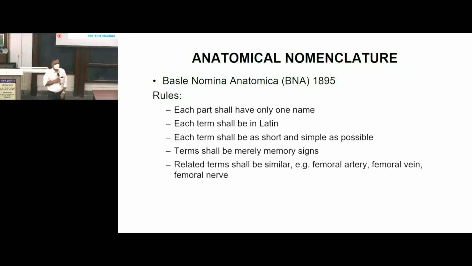So, if there is an artery in the thigh, it is referred to as femoral artery, because femur is the bone of the thigh, so femoral is an adjective. A vein of that region has to be referred to with a similar prefix, that is femoral vein. And the nerve of that region is referred to as femoral nerve. So what it means is related terms shall be similar.